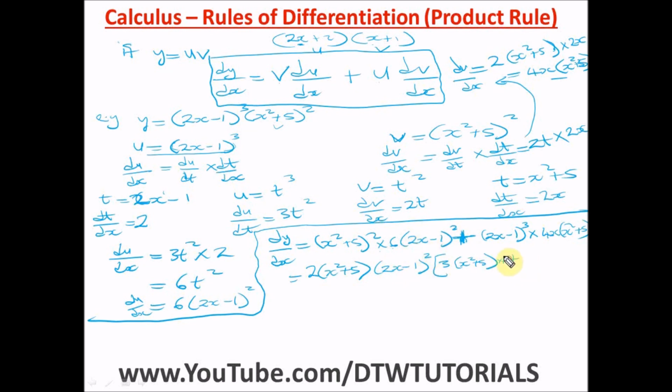Plus, we will be left here with just 1 of 2x minus 1 raised to power 3. And here also, we brought out 2, so what will be left here will be 2x. Remember the x, don't forget the x. Because when you open the bracket, 2 times this 3 will give you 6, and 2 times this 2x will give you this 4 here. So what will I be left with?